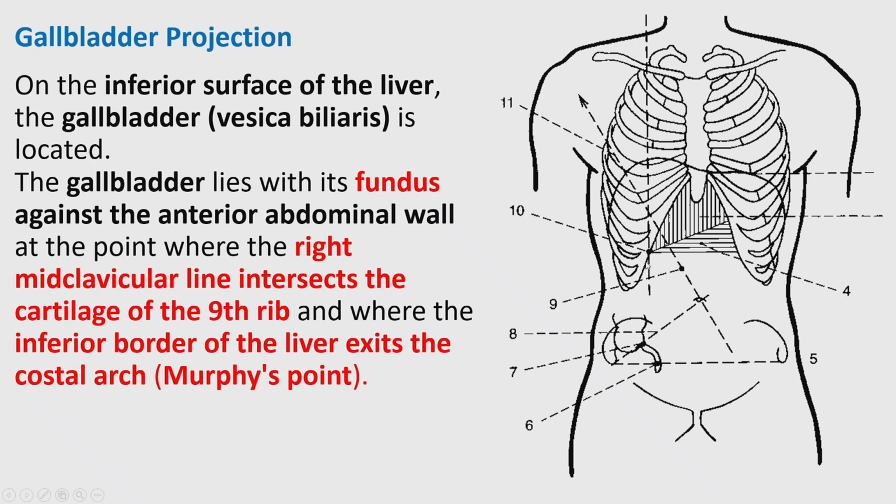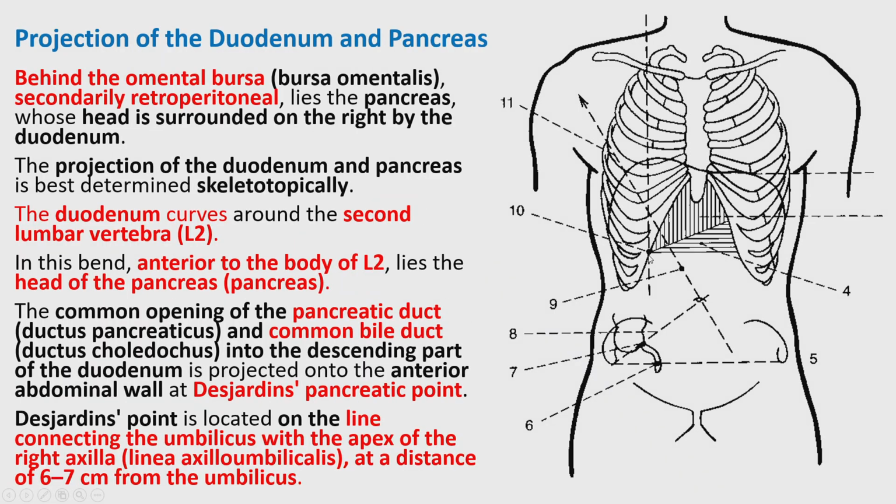Gallbladder is the point here, which is called Murphy's point. Very important, Murphy's point. Murphy's point is the point where the midclavicular line meets the cartilage of rib number 9. This is the projection of the fundus of the gallbladder.